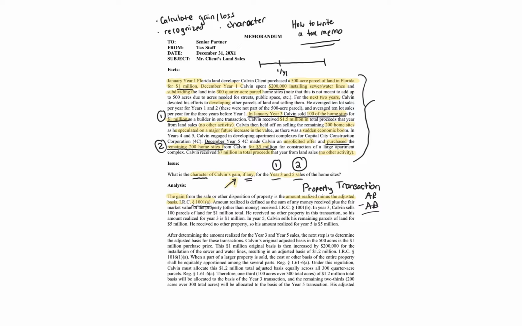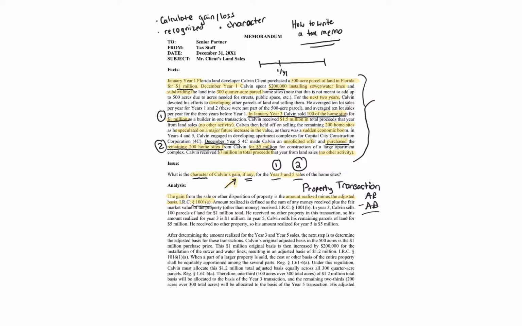So $6 million total. Just thinking about it economically, do you have a gain? Yes, you do. You got $6 million for something that you purchased for $1.2 million. You purchased for $1 million, you added $200,000 of extra value. So anyone could tell you that there's going to be a gain there. So that's the reason why we have gain, and you're going to see the way we calculate it, there is gain indeed.